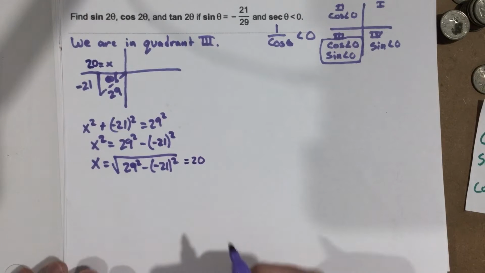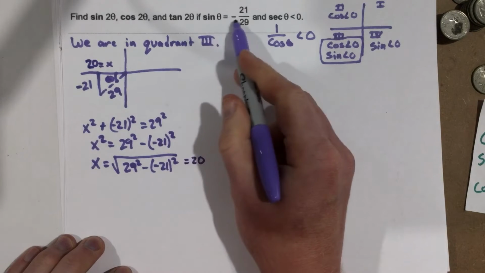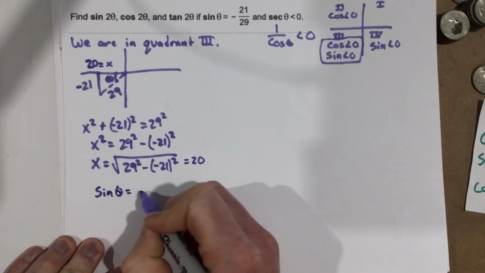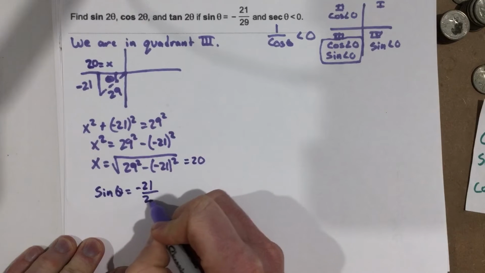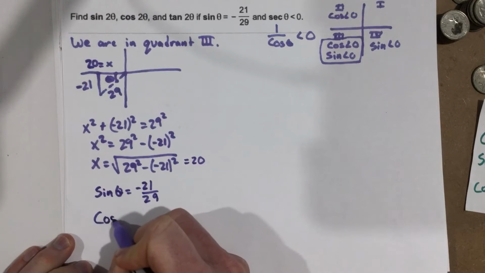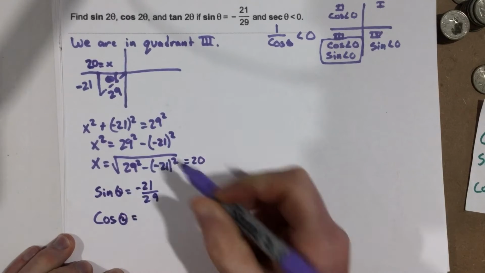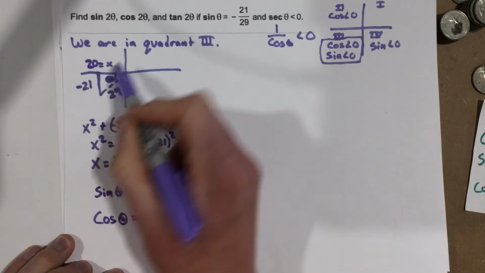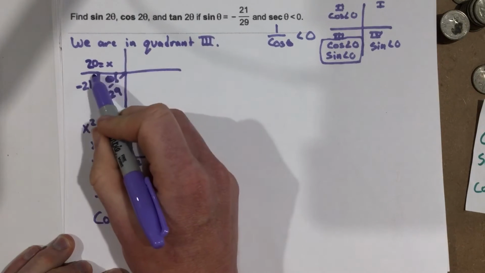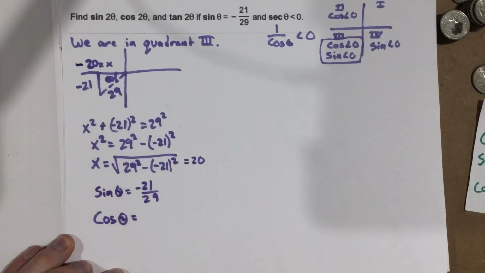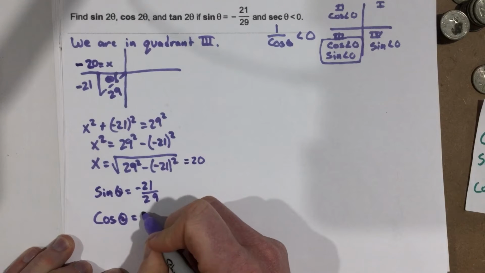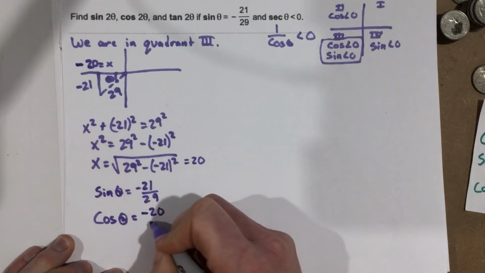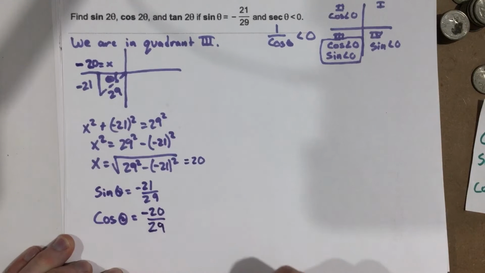Well, what it tells us now is we already knew sine was negative 21 over 29. But now we know cosine theta. Now this says 20, right? But it's to the left of the y-axis, right? We're quadrant 3. This is really negative 20 then. So cosine is negative 20, which is the adjacent over the hypotenuse, negative 20 over 29.